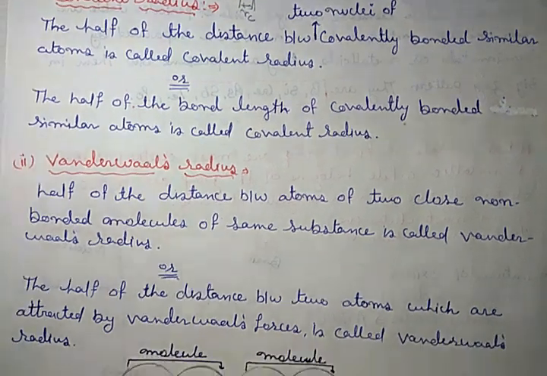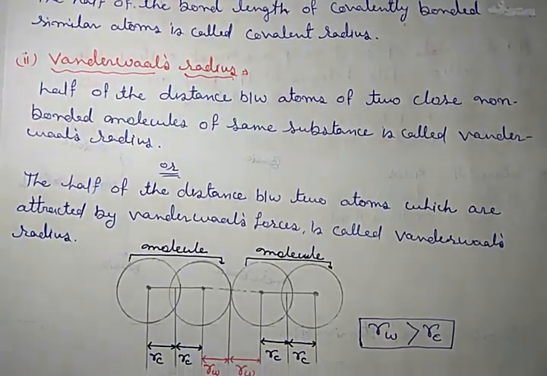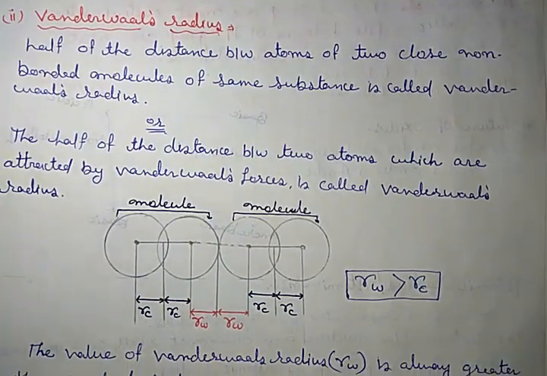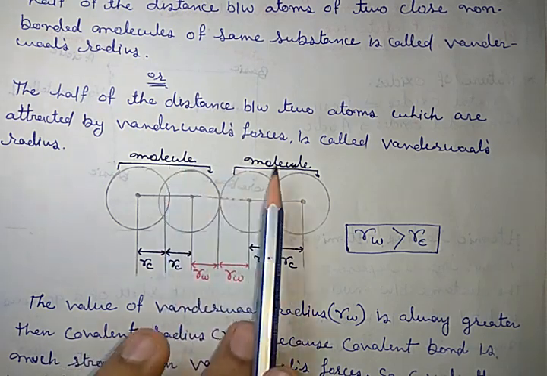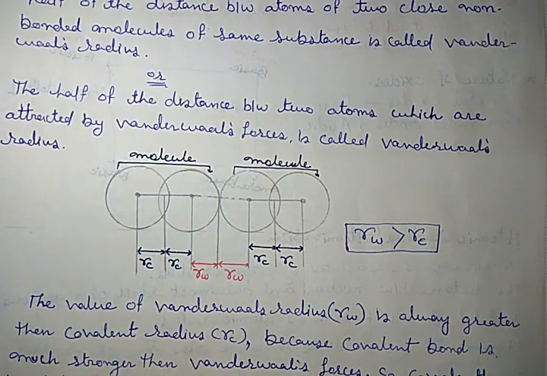Got it? Now let me consider the second one, van der Waals radius. Firstly, you should know about van der Waals forces. What are van der Waals forces? These are very weak attraction forces which are found between the atoms of different molecules.